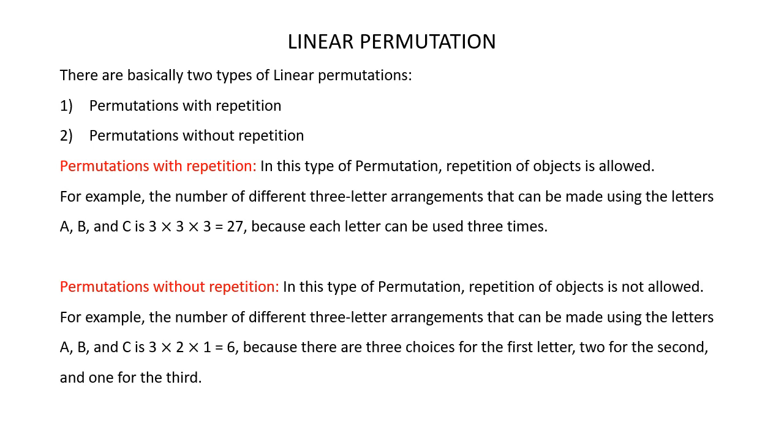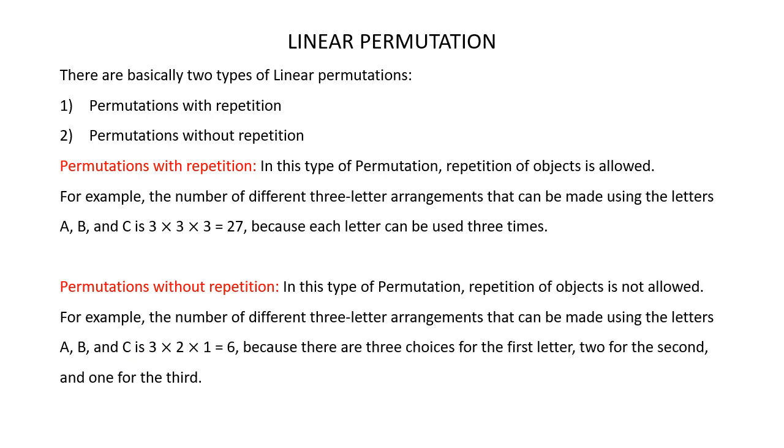Now let's understand permutations without repetition. In this type of permutation, repetition of objects is not allowed. Let's understand this with the help of an example. Supposing you have three letters A, B and C, and you have to make three-letter words using these three letters.